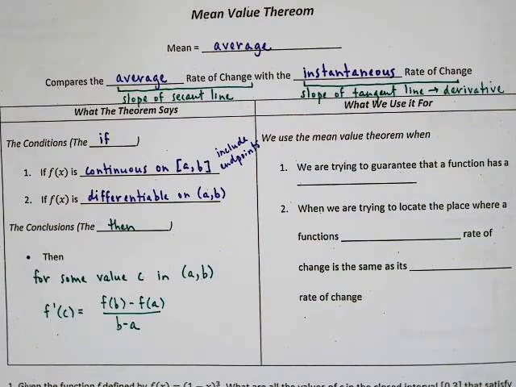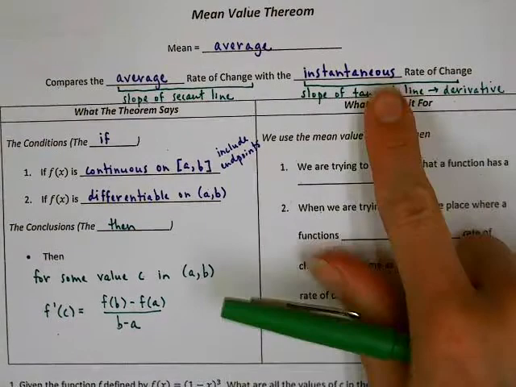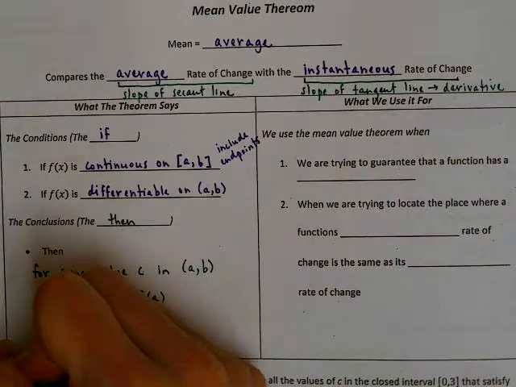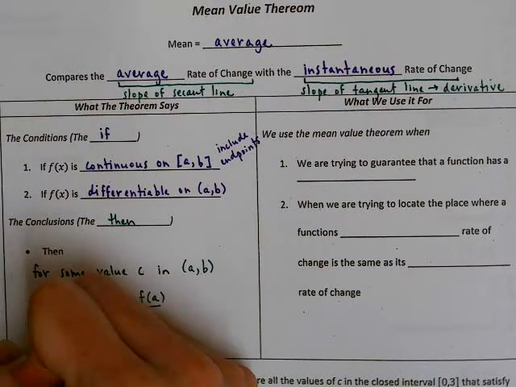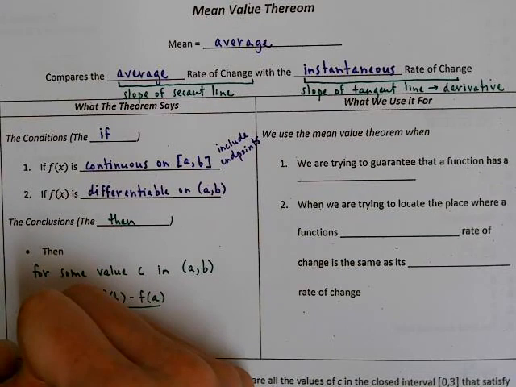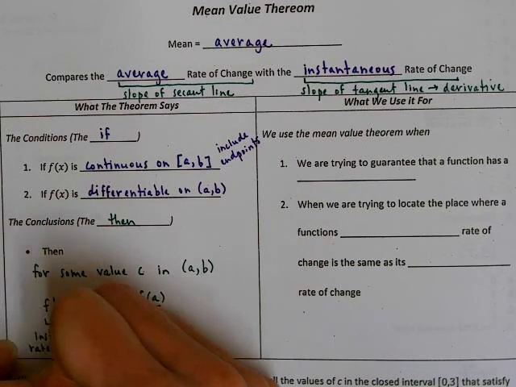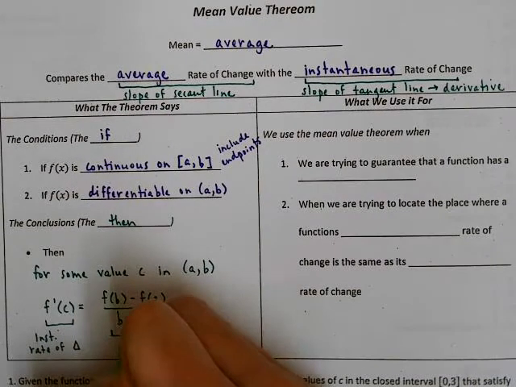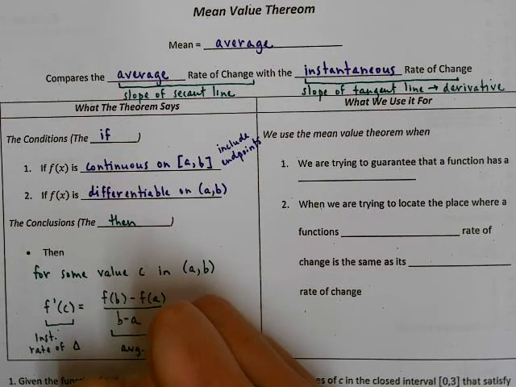In other words, the instantaneous rate of change, f prime of c, is going to be equal to the average rate of change.